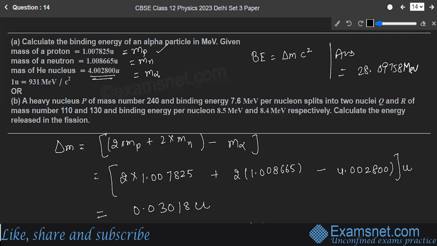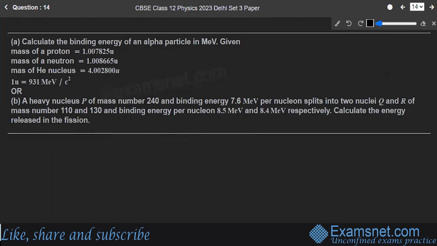Now, the second one: a heavy nucleus P of mass number 240 and binding energy 7.6 MeV per nucleon splits into two nuclei Q and R of mass numbers this and this. Binding energy per nucleon is given by this and this respectively. Calculate the energy released in the fission.